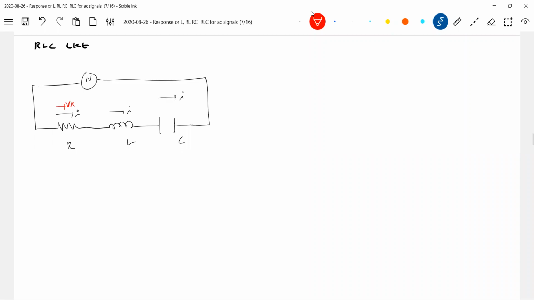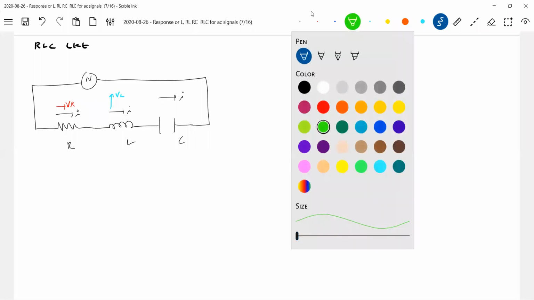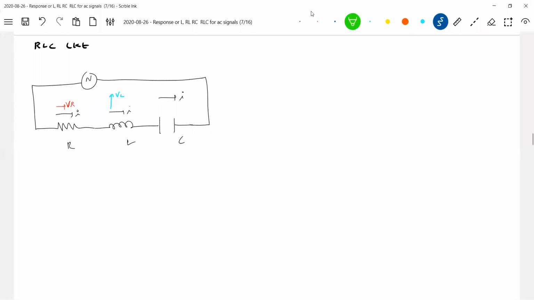What about the inductor? And the capacitor? The applied voltage is VRMS. So let's write the phasor diagram now. I think for every numerical, this is what you should do.